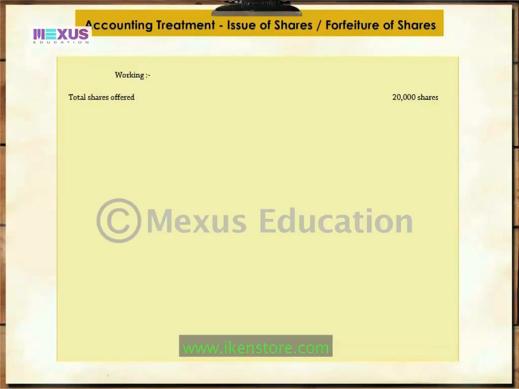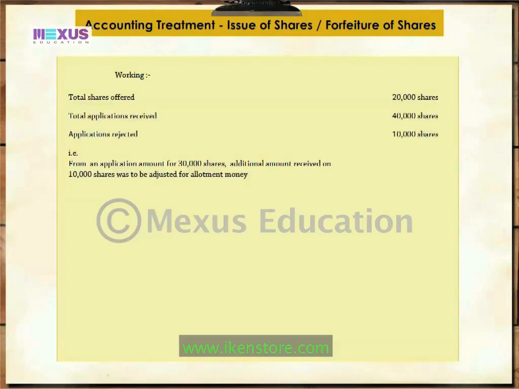Working. Total shares offered 20,000 shares. Total applications received 40,000 shares. Applications rejected 10,000 shares. That is, from an application amount of 30,000 shares, an additional amount received on 10,000 shares was to be adjusted for allotment money. Total amount received 30 rupees into 40,000 shares equal to 12 lakh rupees.